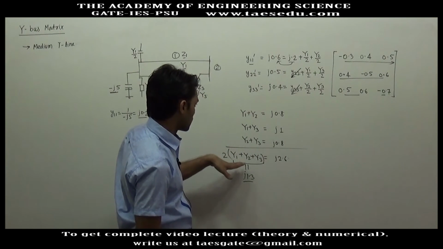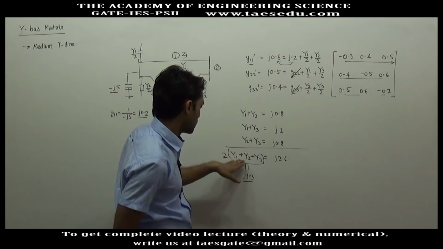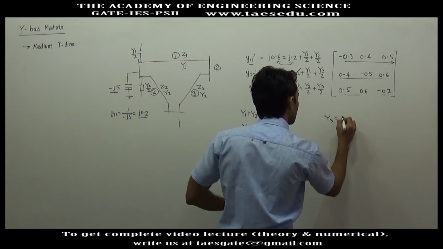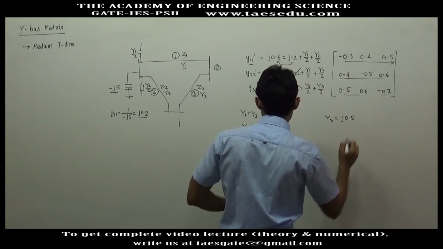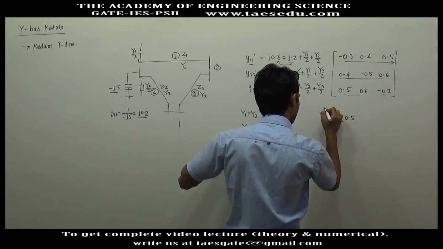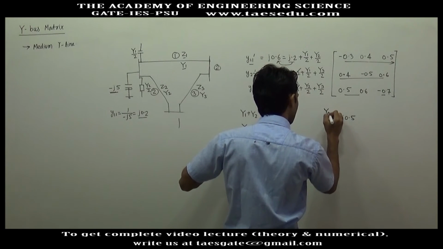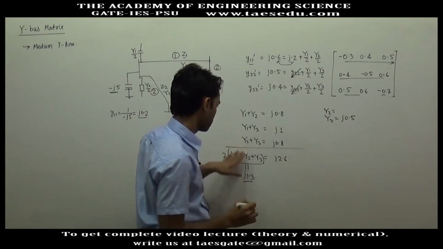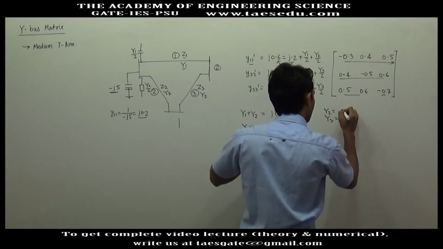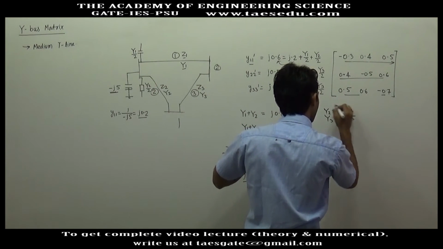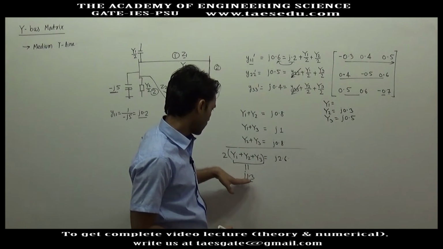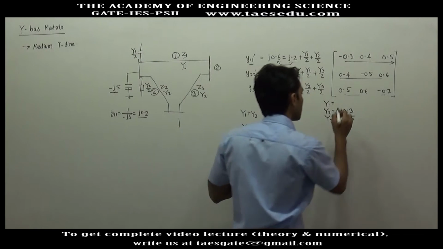Now subtract y1 plus y2 from this quantity, you will get y3. y3 will be j 0.5. Subtract this, you will get y2. y2 will be 1.3 minus 1, j 0.3, and y1 will be 1.3 minus 0.8, j 0.5.